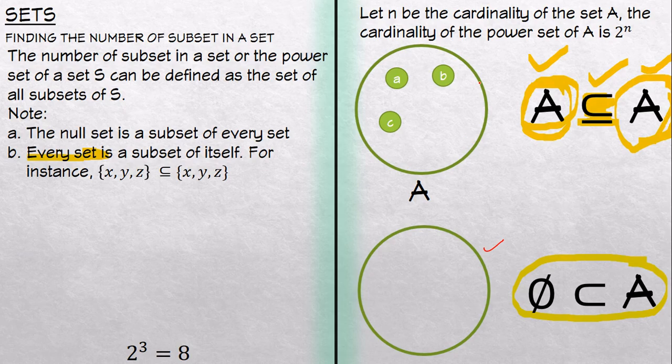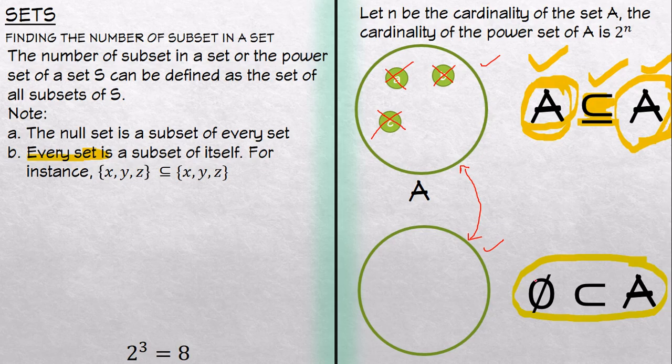And this is the set A. It contains A, B, C. If we can take off some of the elements over here and have the two sets be equal, then after we have taken off all the elements in here, this set A is now equal to the empty set.